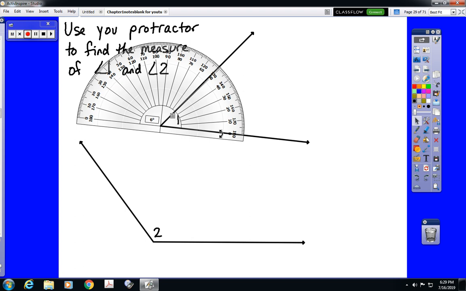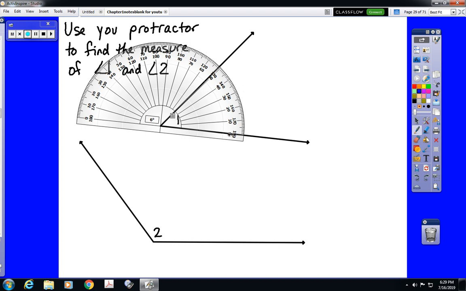Now notice that our measurement is not going to be exact. The best we're going to be able to do is within a half a degree. But notice that the other side is intersecting right here. Now notice that that's two different numbers. There's 50 and 130. In this case, we're going to use the 50 because the 130 is for if we started over here.